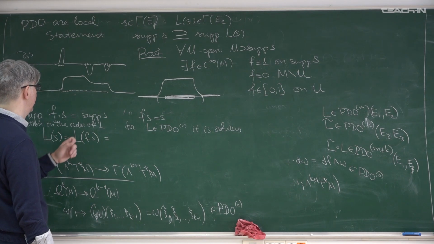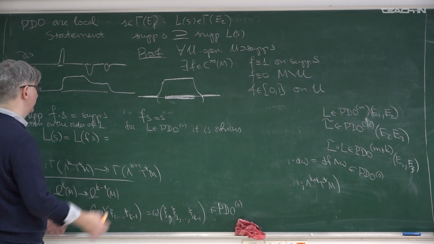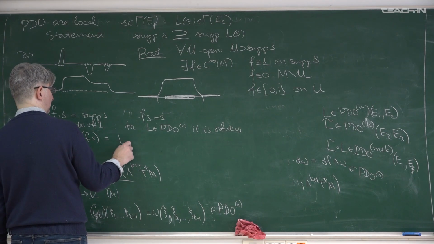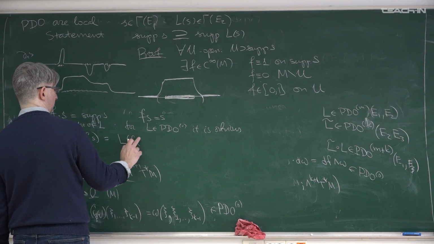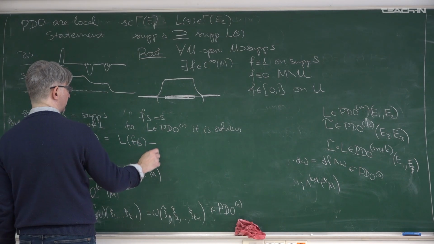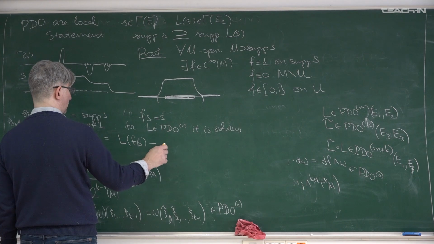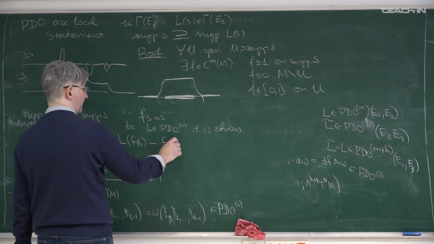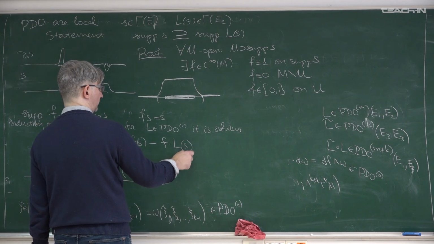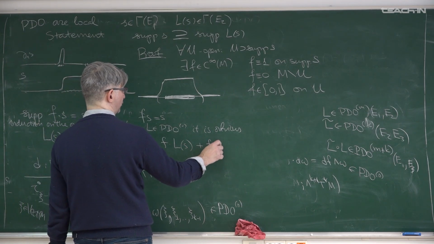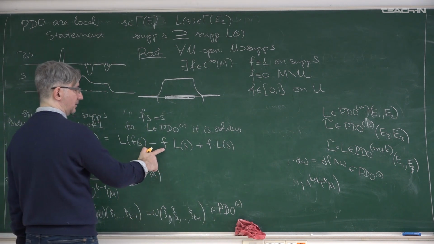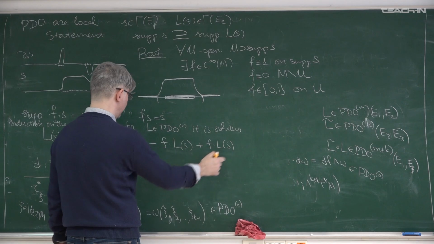Okay, how to rewrite it? Let us subtract here F times L S, and then I obviously should add it back. So I just subtract this and add it again.